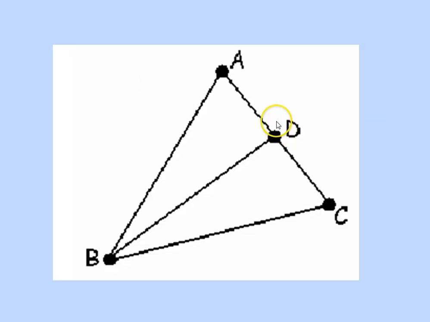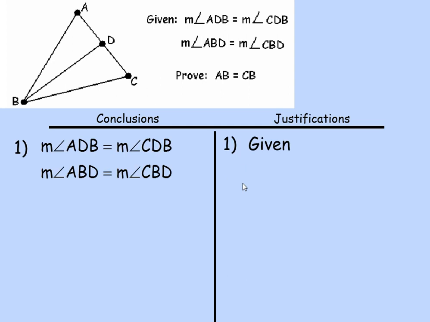And again, we look at the figures here and we see the two triangles that we're going to base that on. This triangle right here and then this triangle down here. So the first thing I'm going to say is that information given, all those angles are the same. You can put the marks in there, so ADB, this angle right here, is congruent to CDB, which is this angle over here. And then angle ABD, which is this angle here, is congruent to CBD, which is this angle right here.